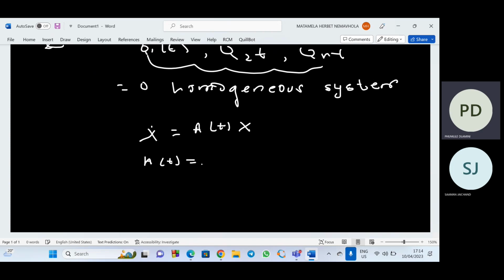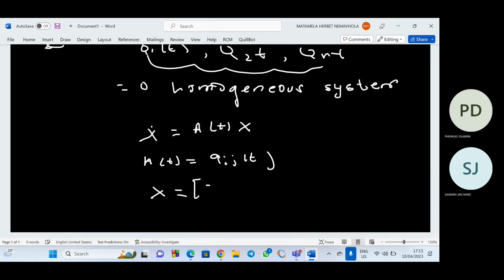So in this form, our A of t is going to be equal to aij of t, whereby i and j equal 1, 2, up to n. And then x is going to be equal to x1, x2, up to xn.